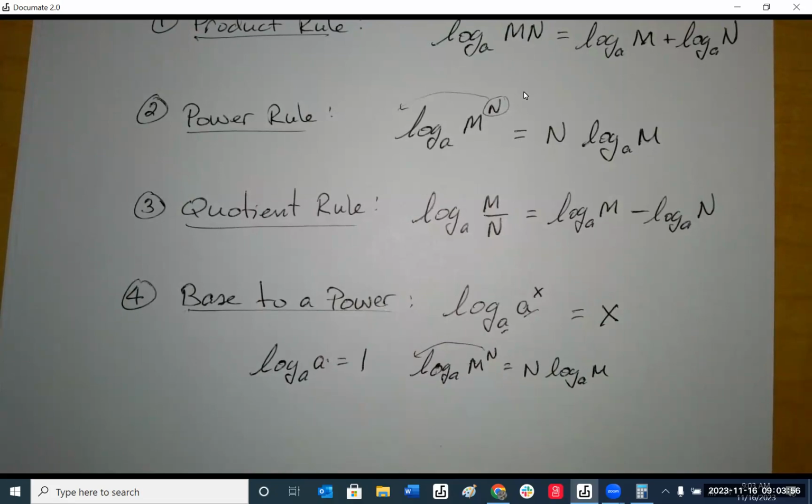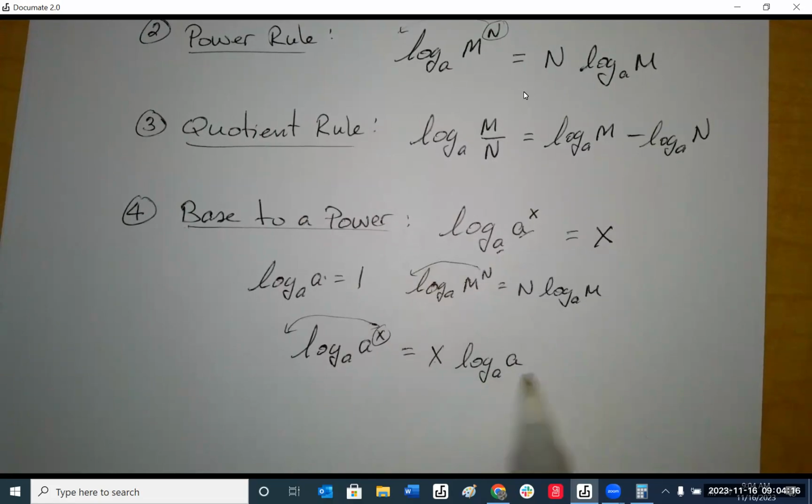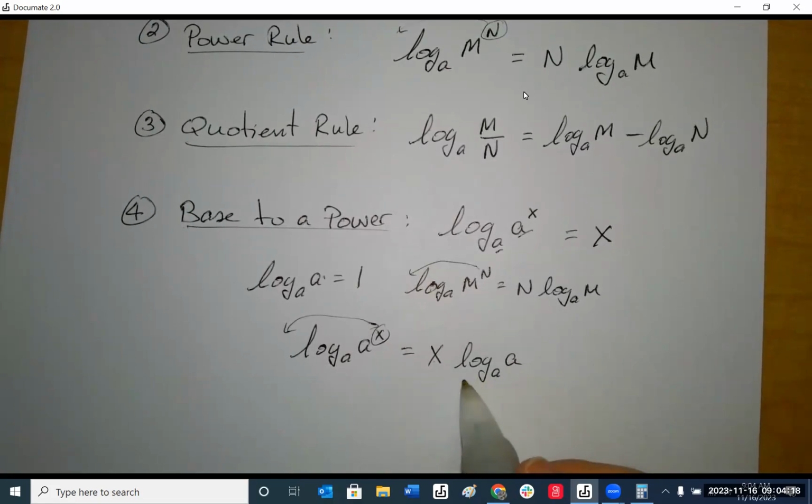So combining these two rules, this is an exponent, so it goes out in front. Log base a of a is 1, so it just equals x. So that's where it came from.